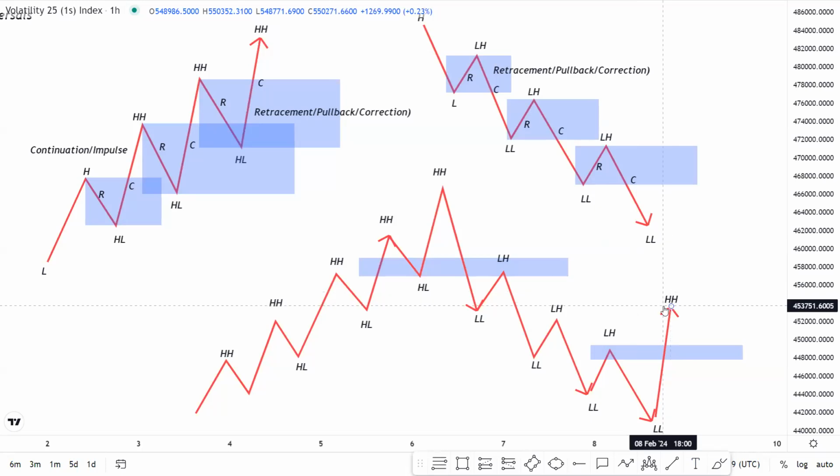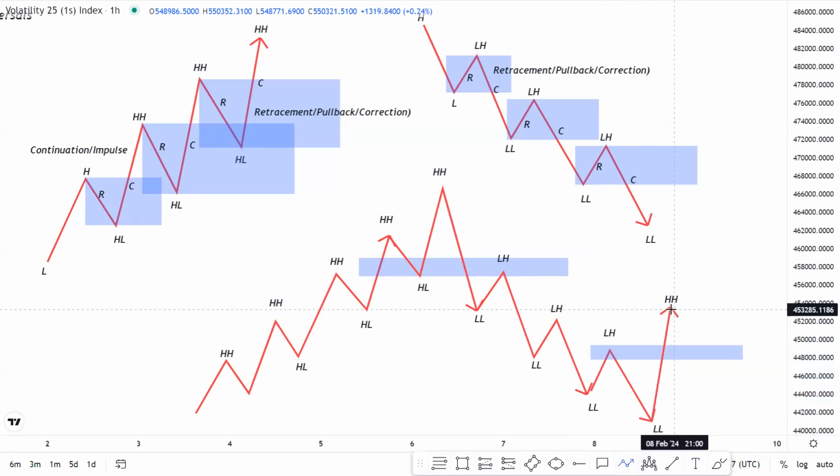So this is what we mean by reversal, also called trend shifts or structure shifts, a shift in structure.